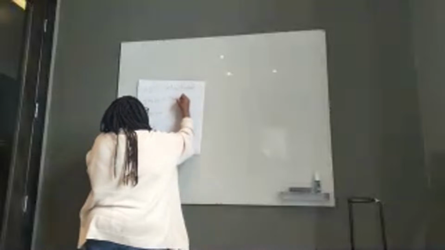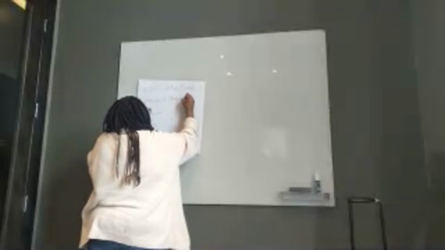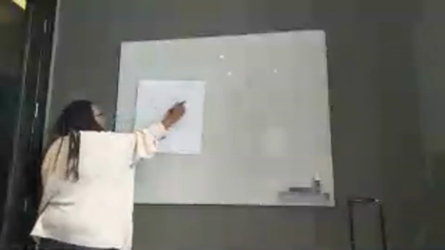Now tell me about the 3. The 3 is in the millions. Is it 1, 2, or 3 million? 3 million. You can write million, but it's proper to recognize that it's in the 3 million place. Okay, all right.